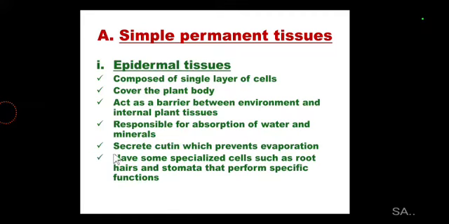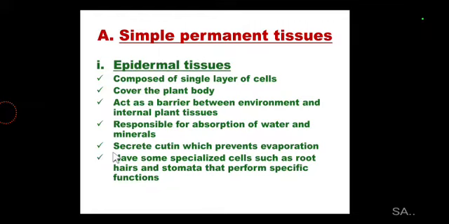Besides this, if you look at the surface of the leaves or the young stems or young shoots, they are waxy. Basically, a layer is present on their surface which is termed the cuticle.